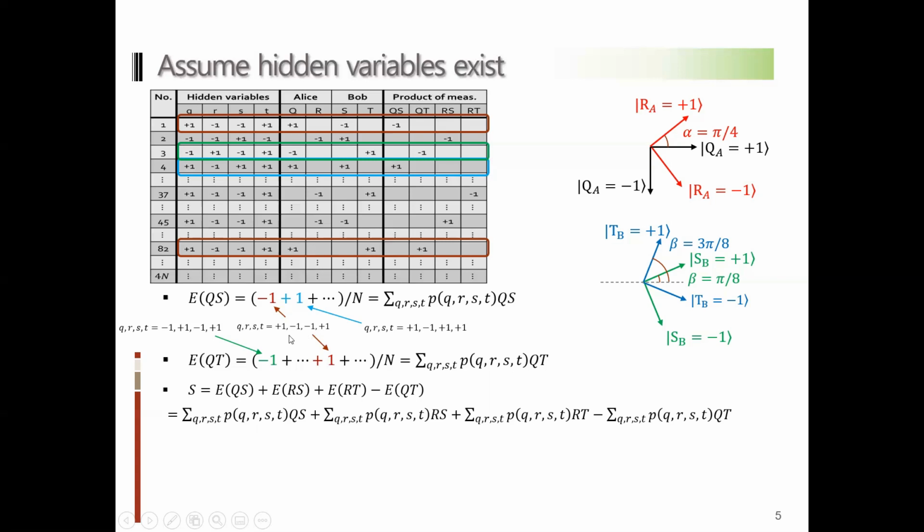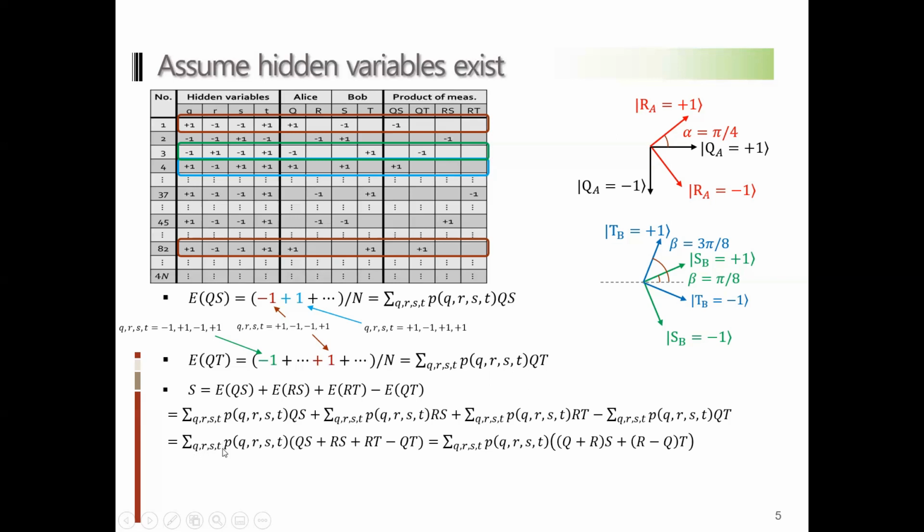So in terms of the probability, it should be the same value for the same combination. Whether it was involved in this calculation or that calculation, the probability of this QRST combination should be the same. That same argument can be applied to all the other terms. So we can combine all the summations and collect them in terms of the different combinations.